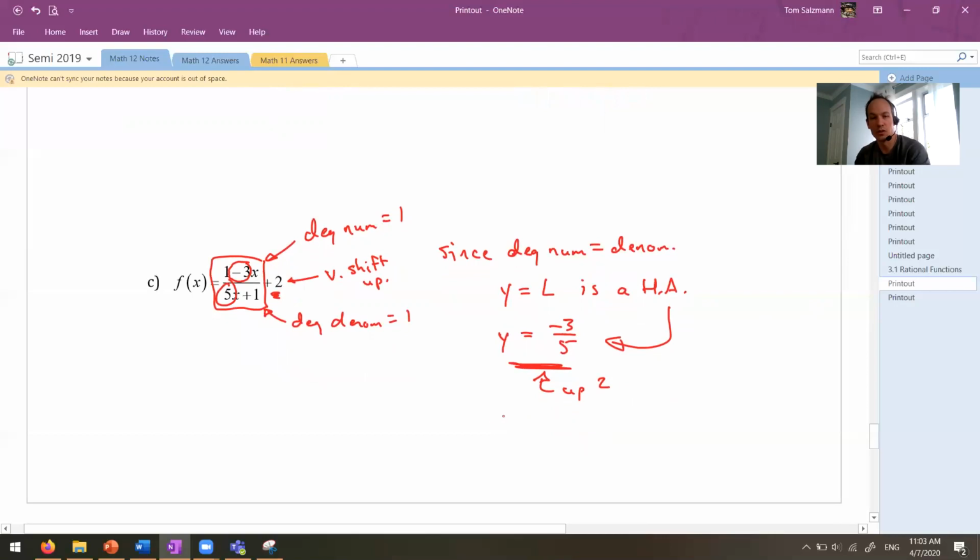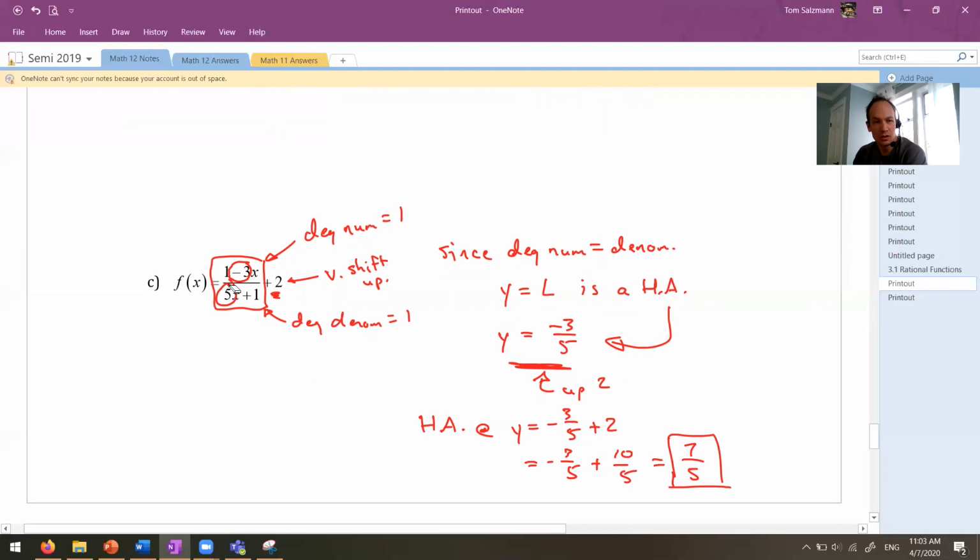So the horizontal asymptote is located at y equals -3/5 plus 2. That's adding 10/5, and then we have +7/5. So when we graph this, we should expect a horizontal asymptote at 7/5.